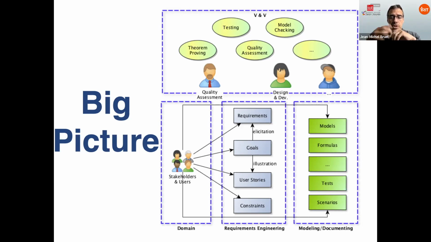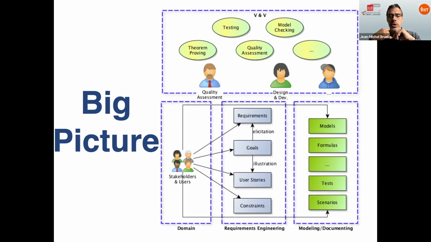As an illustration of those goals and requirements, you can provide user stories. There are also requirements that I like to separate from the classical "the system should do this" or "the system should do that" requirements, which are constraints. The easiest example of a constraint is a regulation.